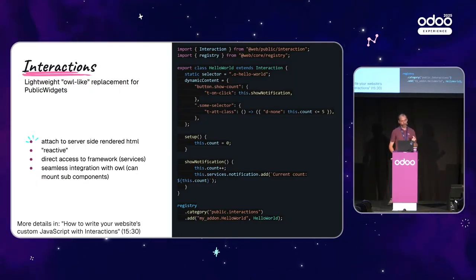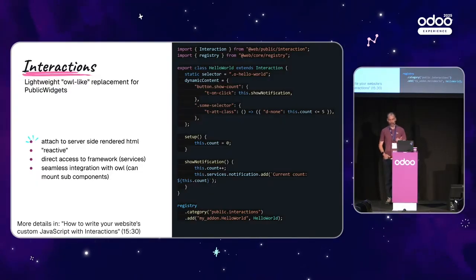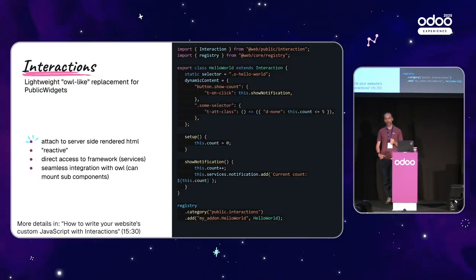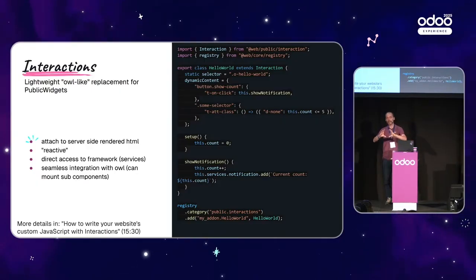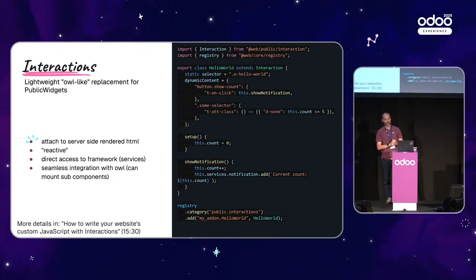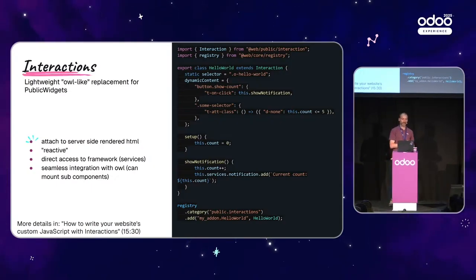So we tried to use OWL to replace public widgets. We had some proofs of concept of that. In which case, I modified the OWL framework to attach to, to inhabit some existing HTML. But it was kind of weird. We were not satisfied with the result.